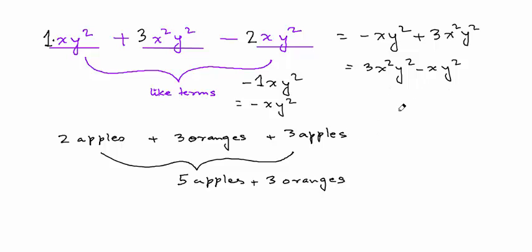Let's try a couple of examples. Let's try and simplify 4x minus 3y minus 3x minus 1 plus 2y. Our first job is to bring the terms with x together and the terms with y together and the constant separate from the terms having the variables.